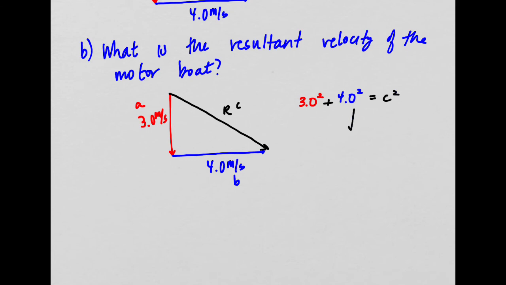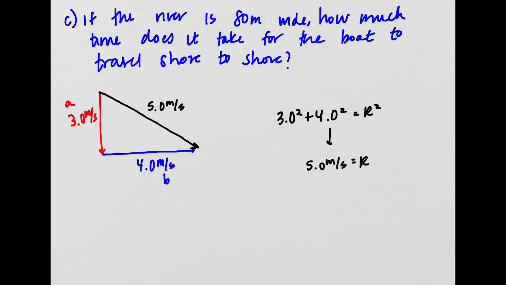When we plug this into the calculator, we find that the resultant velocity is 5 meters per second. And like earlier, we found that this angle was 323 degrees counterclockwise of east.